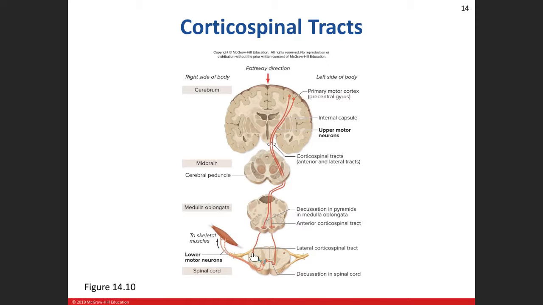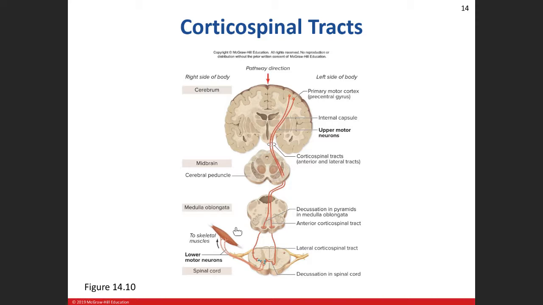Then it descends into the spinal cord, and it's going to wind up in the lateral funiculus over here. It'll synapse onto either an interneuron or directly onto the lower motor neuron. That lower motor neuron exits out of the anterior horn. This is the anterior root. And then it enters the spinal nerve and then out to the skeletal muscle.